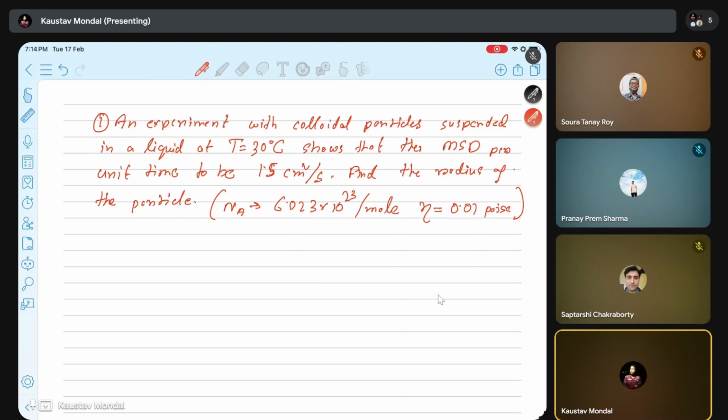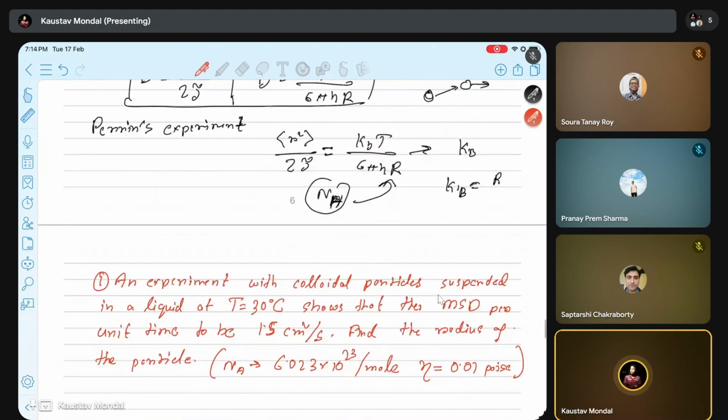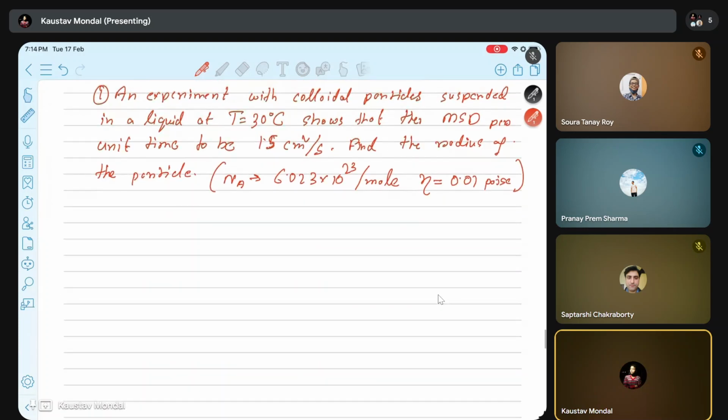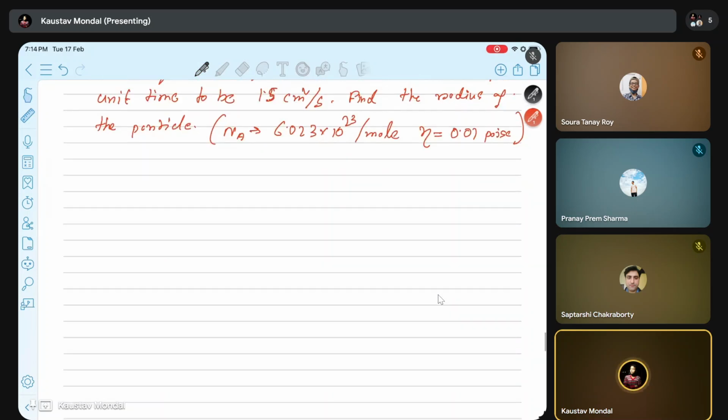So we know this formula. Let me write the formula here. We know the diffusion constant, the MSD by 2 tau, is related to kBT over 6 pi eta R, where R is the radius.